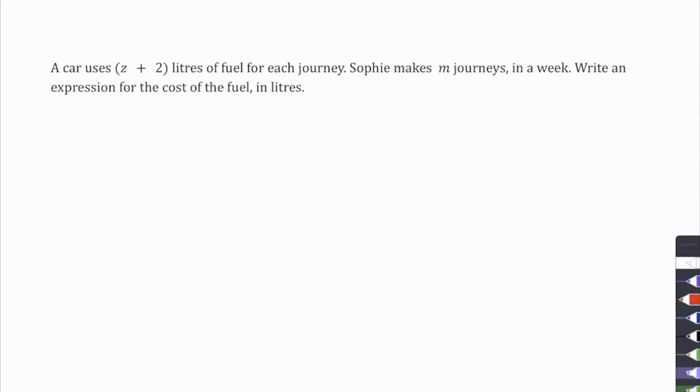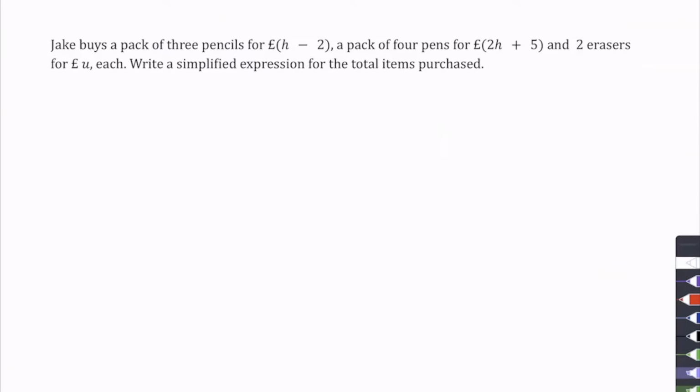So in this case, the car is using Z plus 2 litres, and we're going to multiply that by the number of journeys which are made, which is M. So multiply that by M. But to write that a little bit neater, we'll write the M outside the bracket, Z plus 2, and that becomes our expression. We have to be a little bit careful in this one.